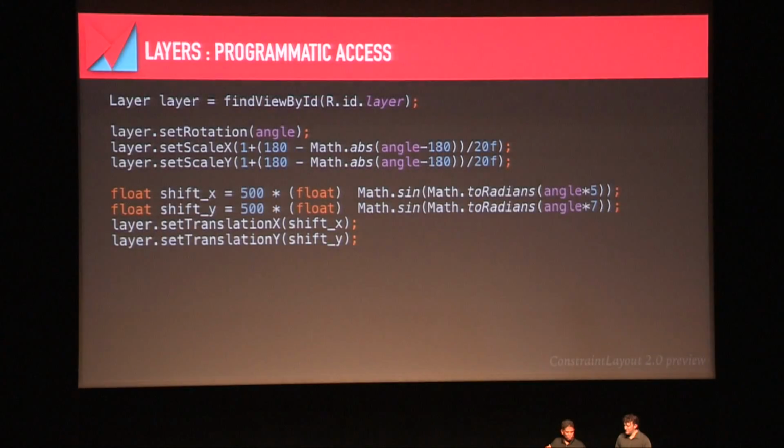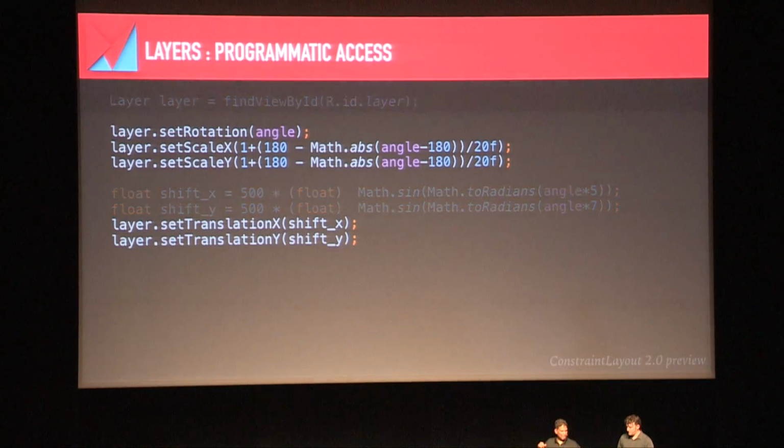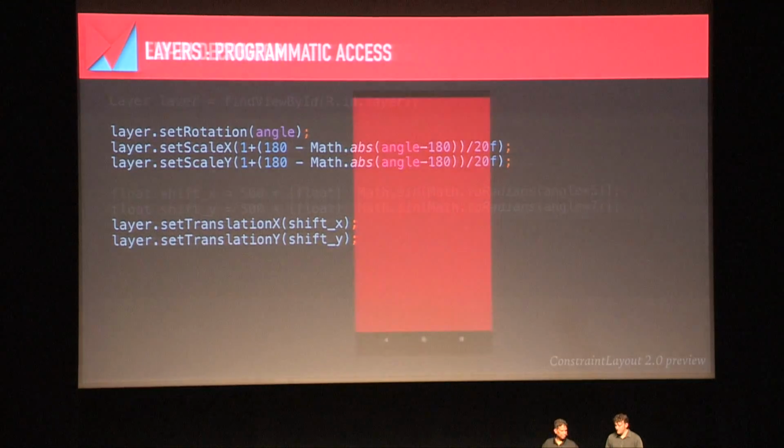And when you look at the code that I used to animate it, essentially all I did was some silly math and get the layer object and call set rotation and scale X and scale Y on that object. And that's all that was required to do that to this layer.